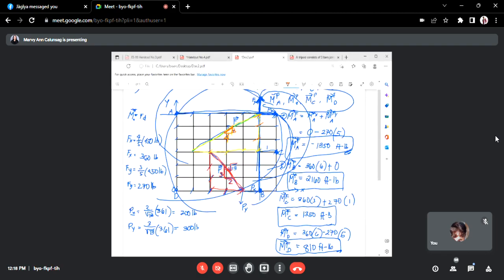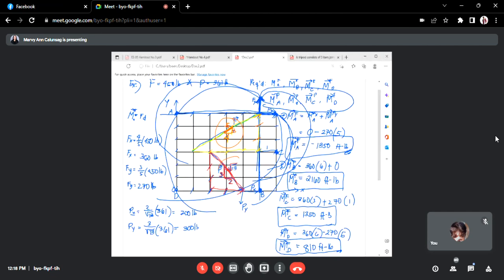If we know that there is a special triangle 3, 4, 5, di ba? Or pwede po, this is square root of a squared plus b squared. So, square root of 4 squared plus 3 squared, so square root of 16 plus 9, so square root of 25 is 5. Mao na tong slope, class.